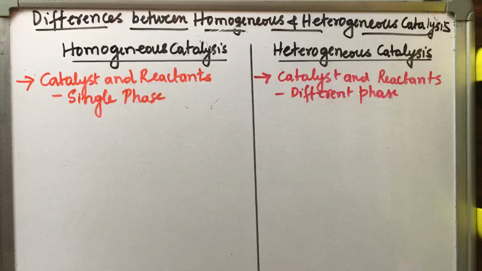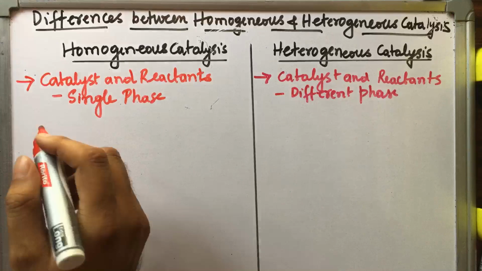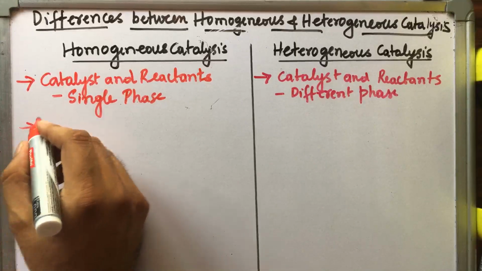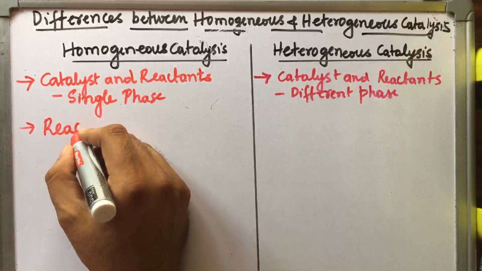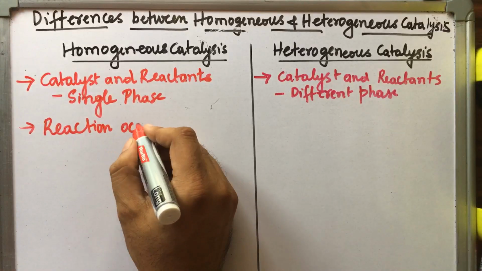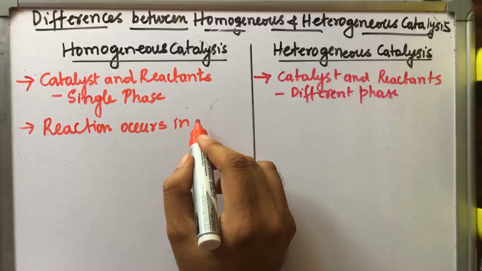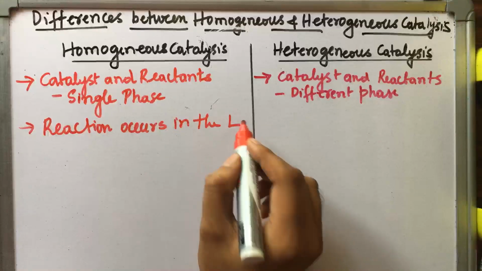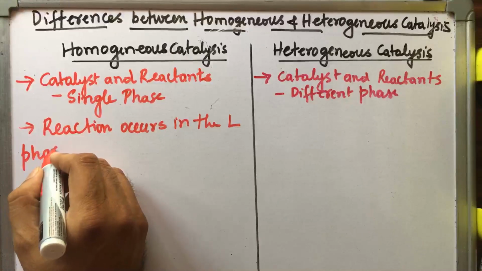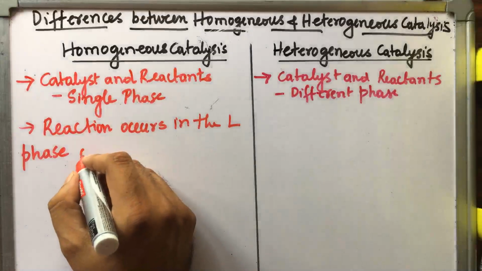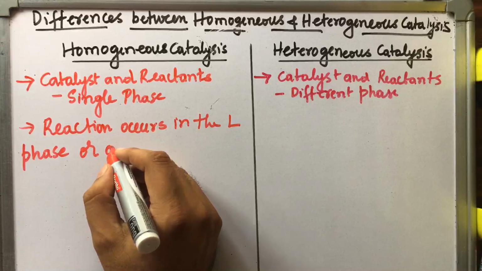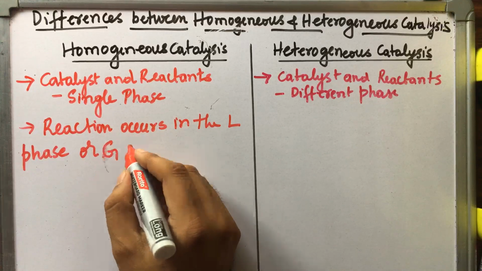Point number 2: generally, for homogeneous catalysis, solid is not involved. Generally the reaction medium would be either gases or liquids. Reactions generally occur in the liquid phase, I'll write L phase, L stands for liquid, or gas phase, G phase.